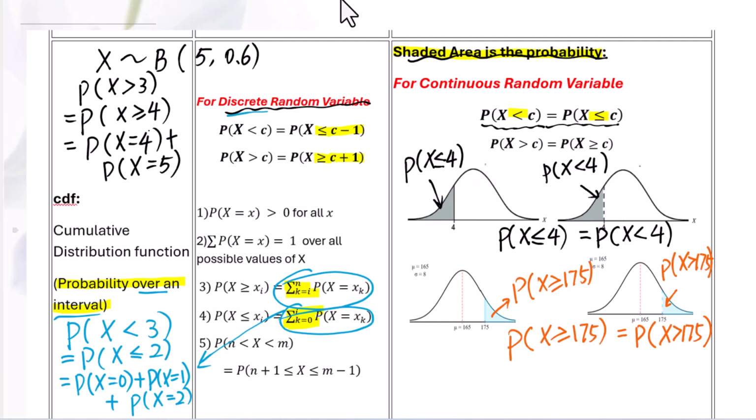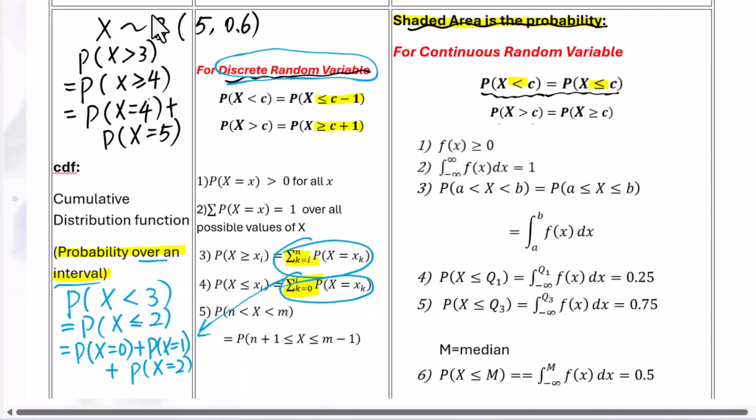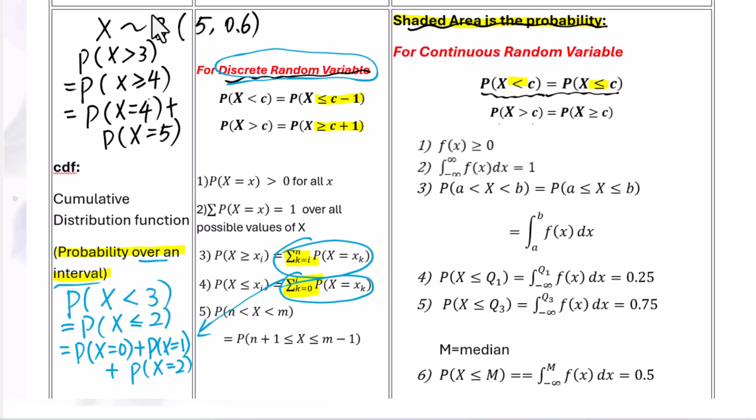The probability density function for continuous random variables is greater than or equal to 0.